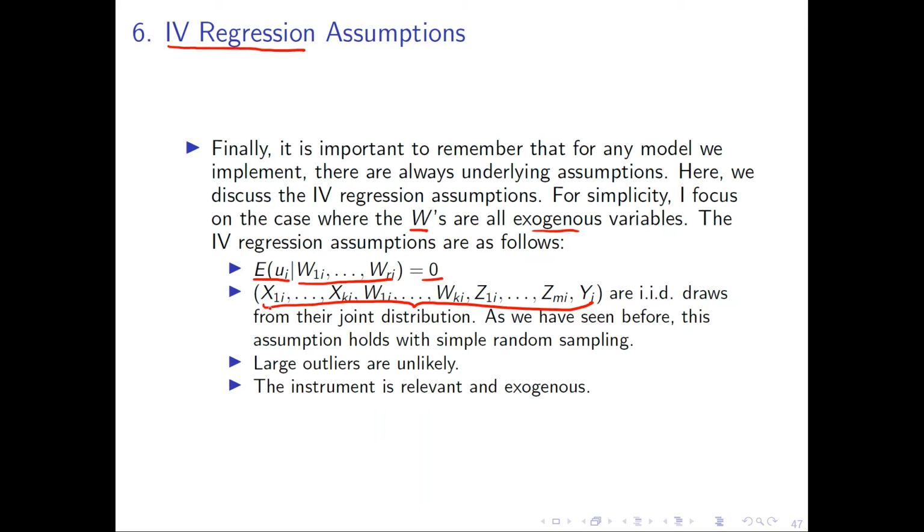So if you have one draw from the population, then that draw should not be correlated with the next draw or the previous draw, so you should not have any autocorrelation in your sampling. And more, large outliers should be unlikely.